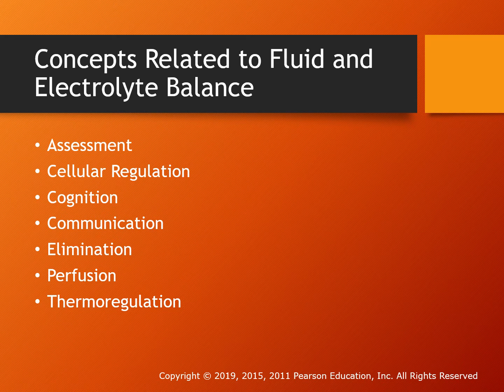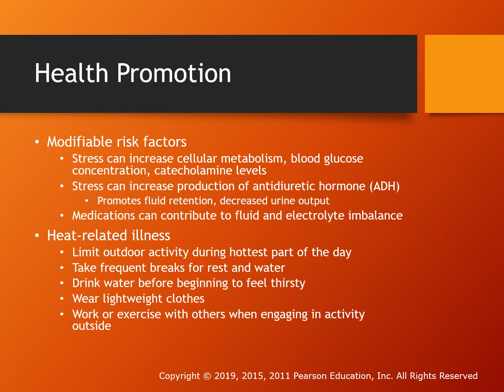So we need to assess. What does assessment include? It includes looking at their electrolytes, looking at those things that we can actually see and report to the physician. Lifestyle factors such as fluid intake, diet, exercise, and stress affect fluid and electrolyte imbalances. Appropriate replacement of fluids through the day to maintain hydration benefits the heart, lungs, and kidneys.